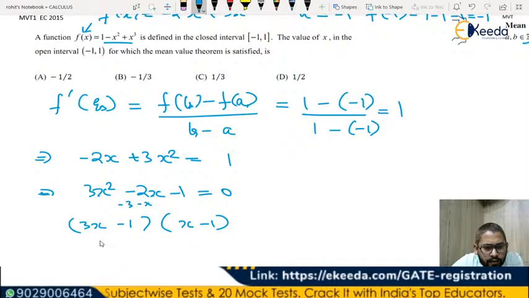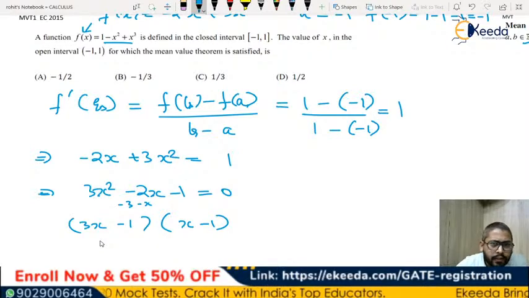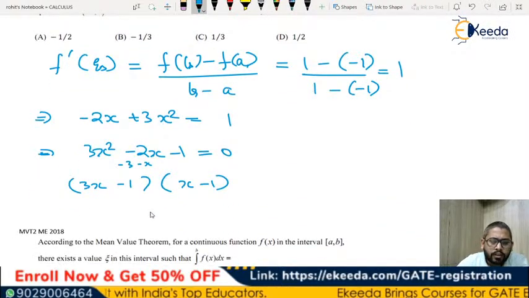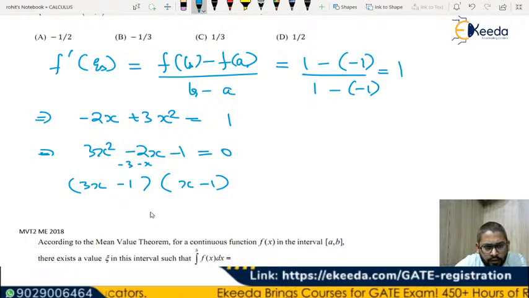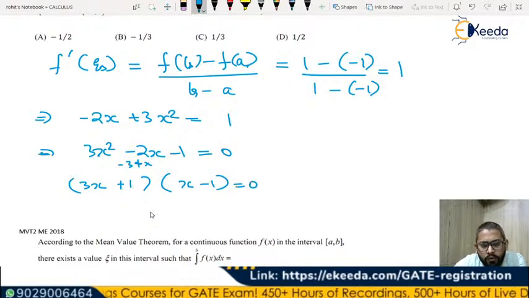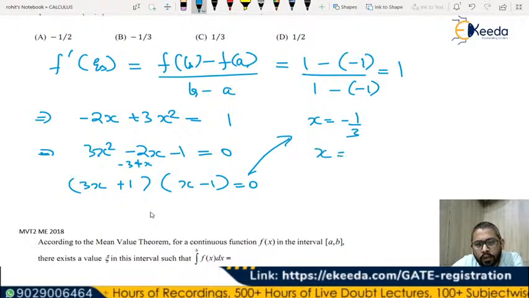This is 1, this is minus 1. So what are the roots coming here? This is plus 1, right? So in that case, you can take x plus 1 equal to 0. So the roots are going to be x is equal to minus 1 by 3 and x is equal to 1.